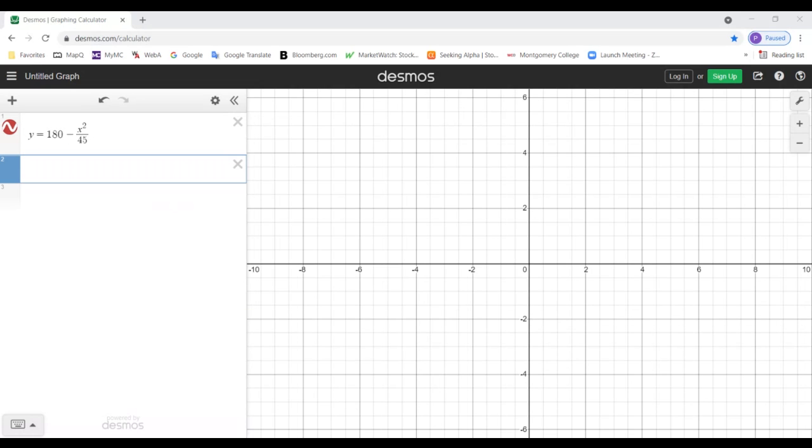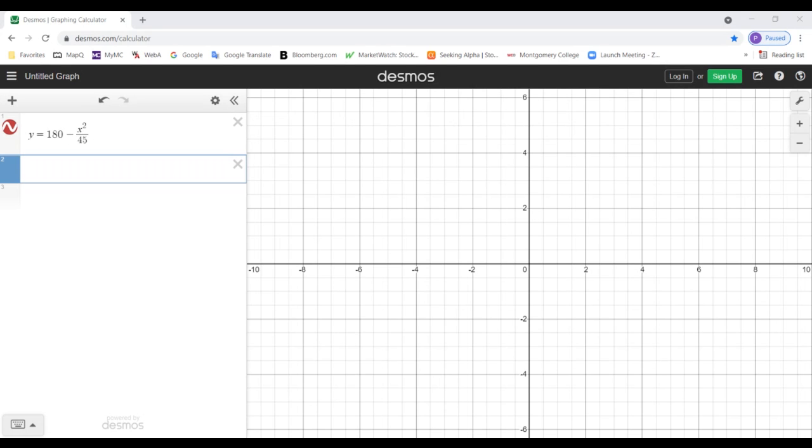Let me ask you, what's the starting value of this parabola when x equals 0? That's right at the moment when the hawk drops its prey. How high is that when x equals 0? 180. Yeah, and look at the y-axis, that's only up to 6.